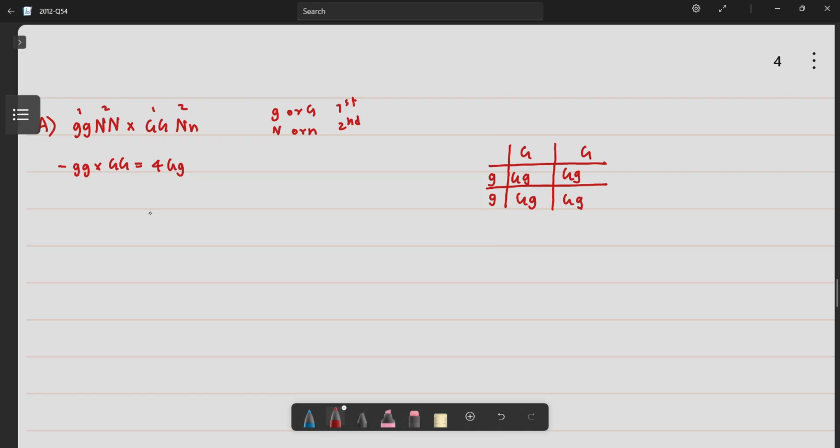Since our question is about the probability of producing the genotype where I have heterozygote for both genes, I'm focused on Gg. Since all of the offspring produce this heterozygote gene, the gene for G, that means 4 divided by 4, as I have 4 offspring in this Punnett square diagram.